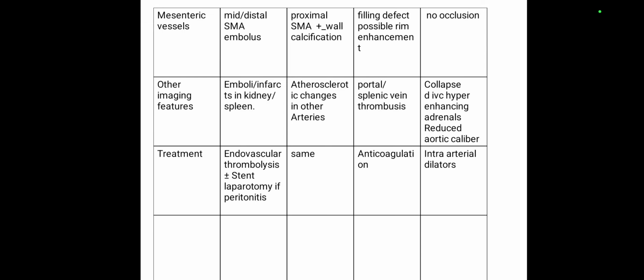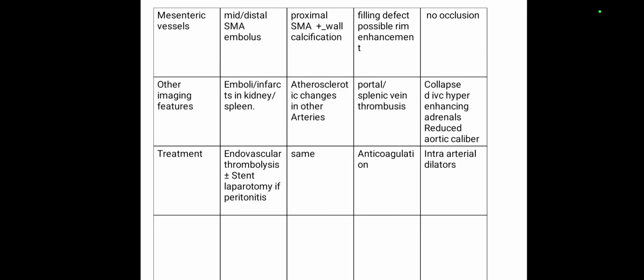Now in thrombotic type, there could be extensive atherosclerosis involving other vessels also. In venous thrombosis, other than superior mesenteric vein, we could also expect thrombosis in splenic vein and portal vein.